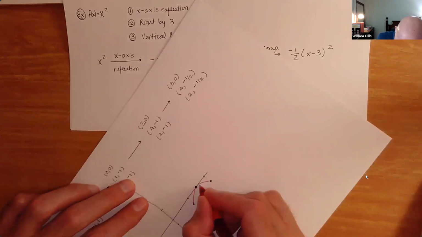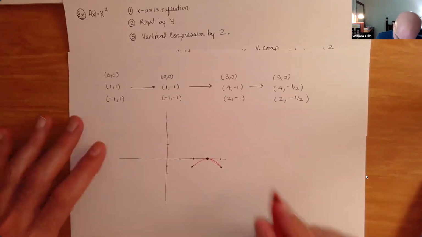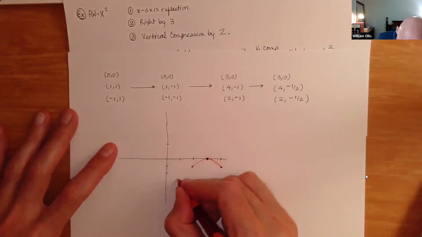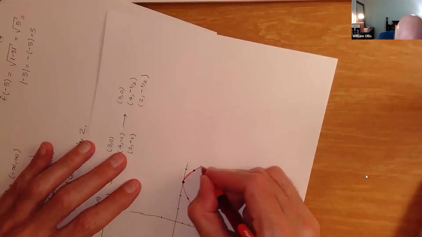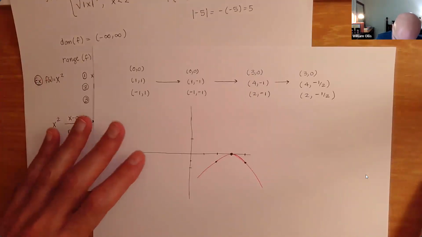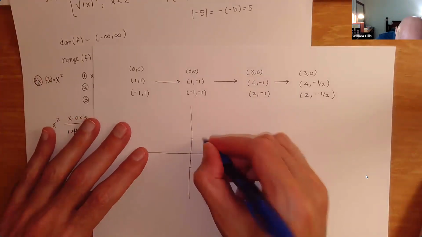We can actually extend this if we want, because we know what the parent function looks like, something like this. When we started out, we were right here.